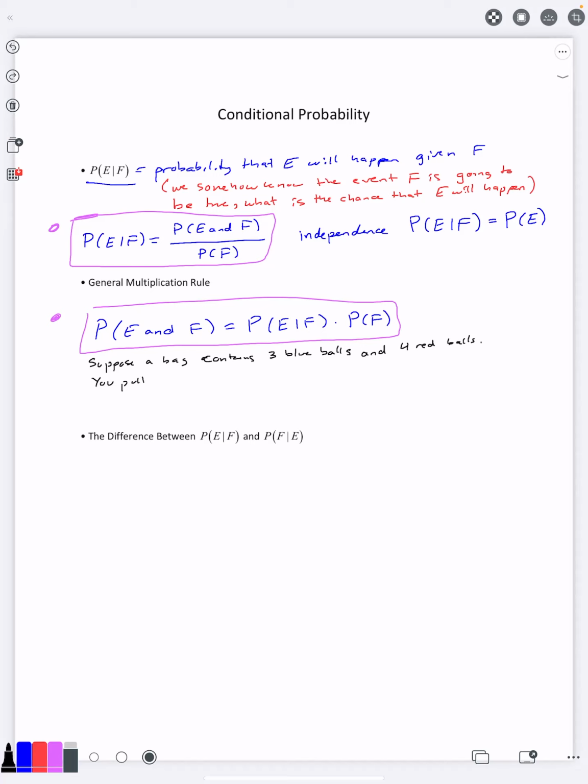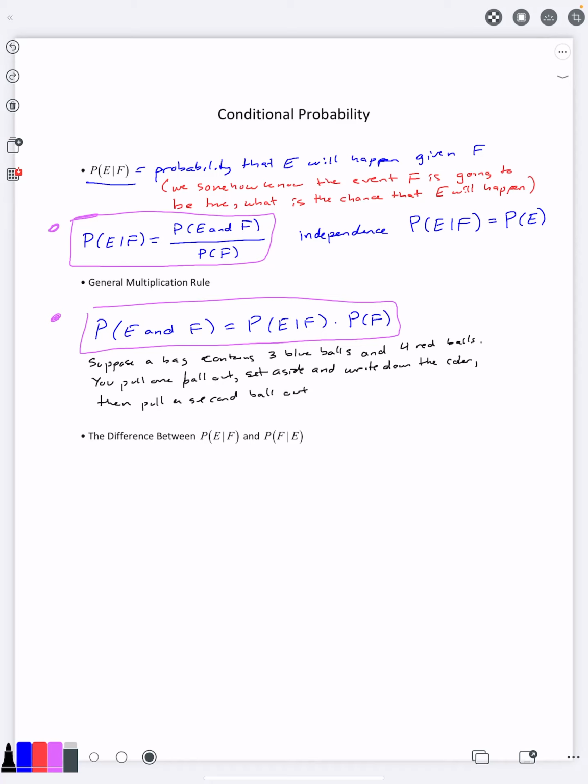You pull one ball out, set it aside, and write down the color, then pull a second ball out.